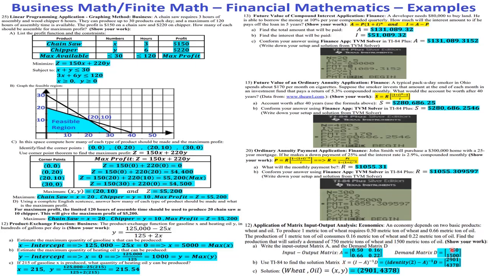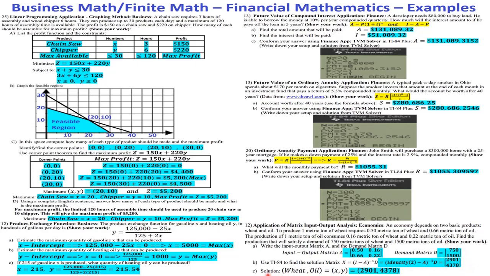The demand is 750 for the wheat and 1,500 for the oil. So you can use (I minus A) inverse times D. In the TI calculator, that is identity 2 minus A, inverse, times D. If you do that, you will end up with this solution.